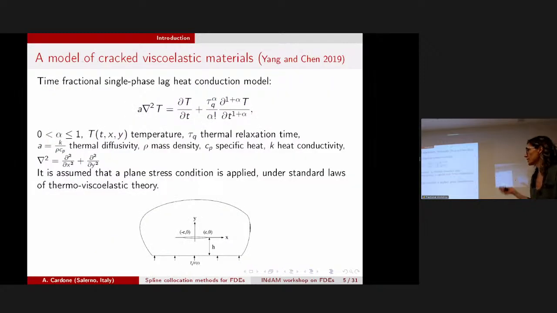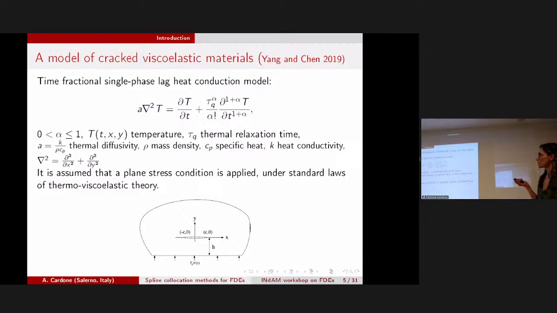And this is just an example in the context of viscoelastic materials. This is a model of the heat conduction in a viscoelastic material where a plane stress condition is applied. In this case, we recover the classical model when alpha is equal to 1, while in the case alpha is less than 1, we have the fractional model.